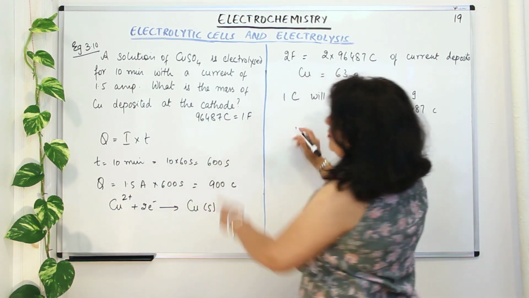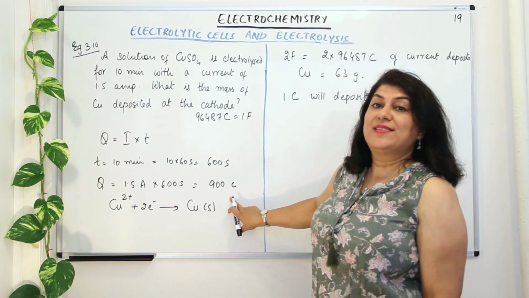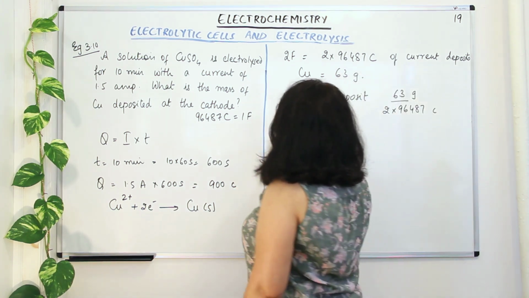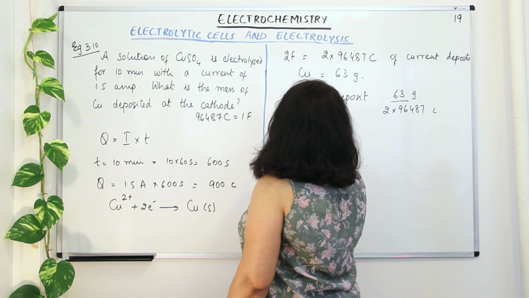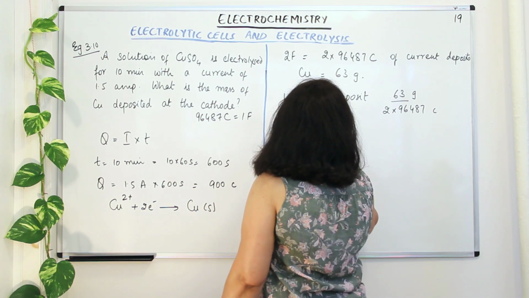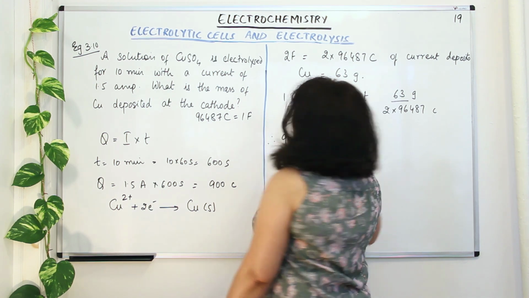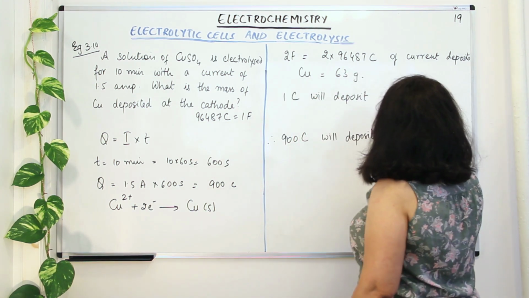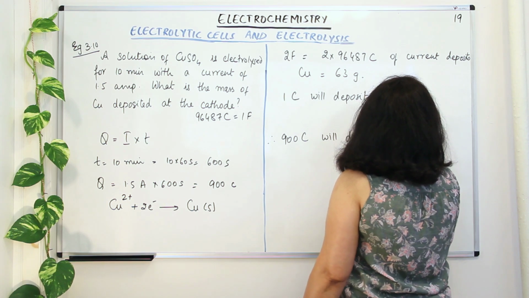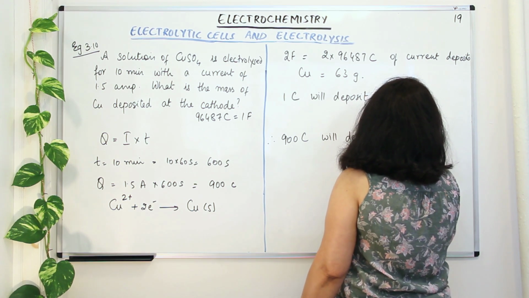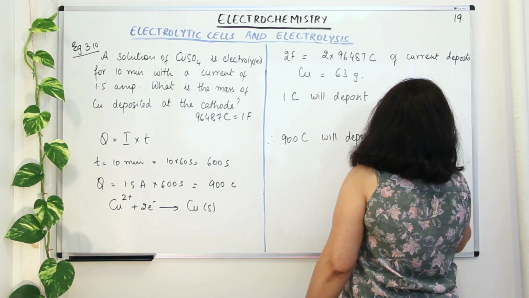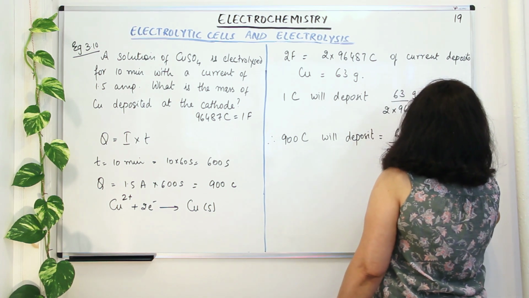And how many coulombs have we calculated? How much has actually passed? 900 coulombs, therefore 900 coulombs will deposit. Now what am I using here? Unitary method. So we'll deposit 63 grams upon 2 into 96487 coulombs into 900 coulombs.